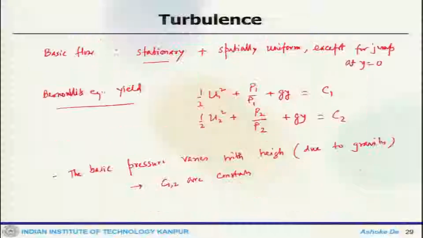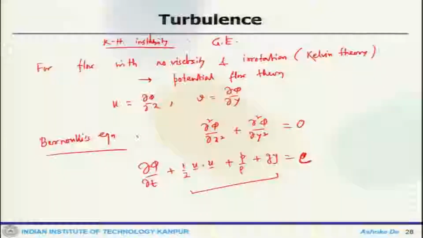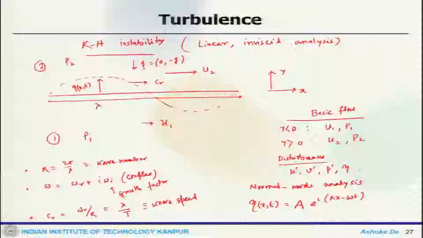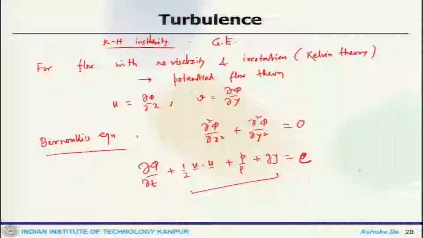So, this is the system that we have taken, and we defined all the characteristics of this particular system and other properties. Using that, for the inviscid case with irrotational flow, we bring back our potential flow theory and got the Bernoulli equation.